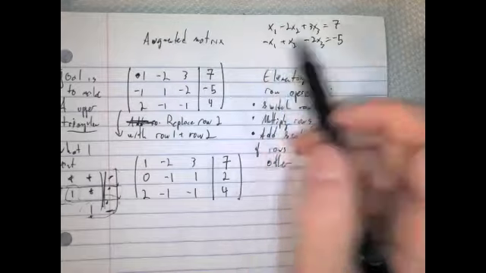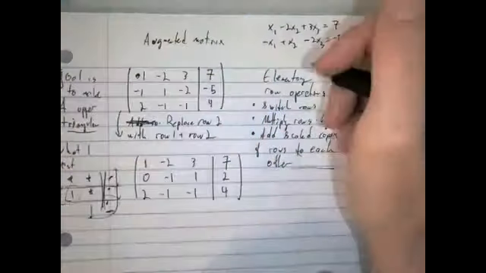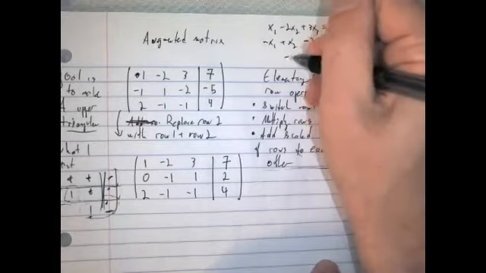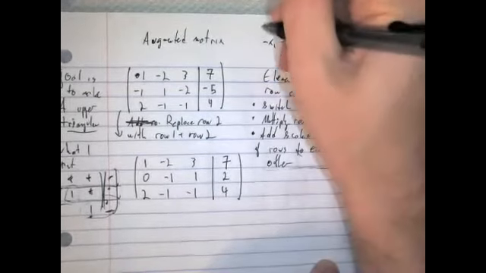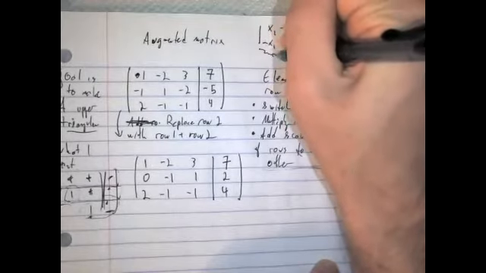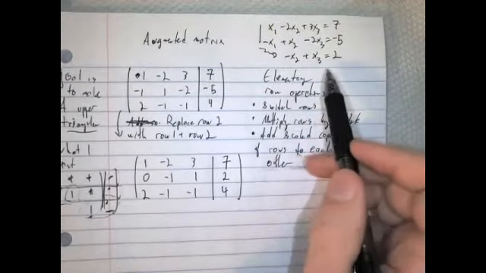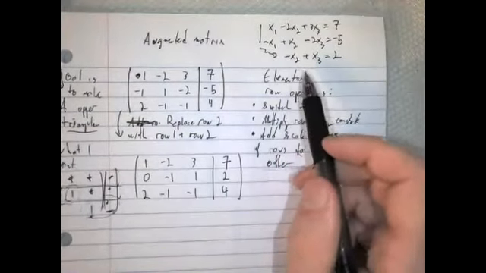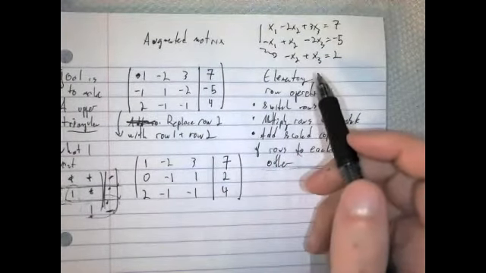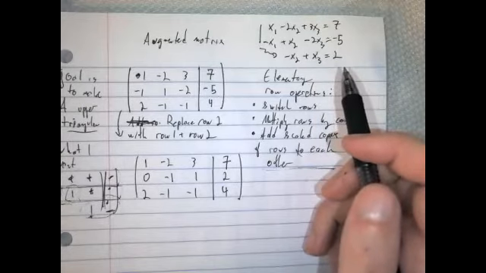If I add these two equations together, I'll get negative x2 plus x3 is equal to 2. Is this okay? Maybe what I was talking about seemed foreign, but is this notion of eliminating variables at least something you've seen before? Yeah, now it makes sense.